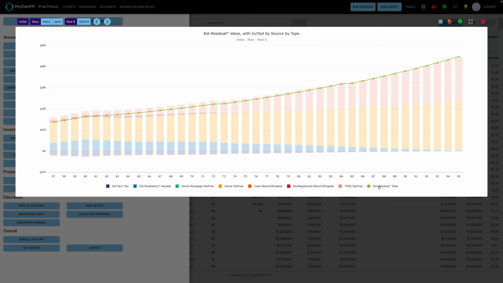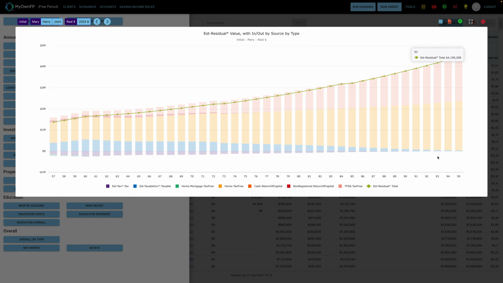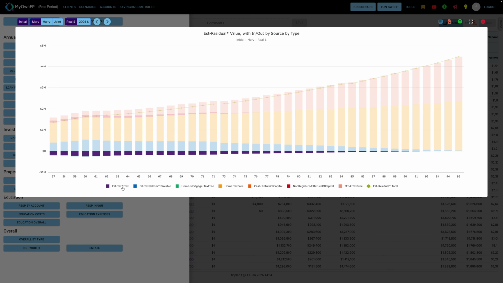Obviously, the most interesting part is what is that line? If you look at that line, it's very close to the top, so we're not paying any tax really at this point in time, or very little. So if we're 90, our taxable thing is 85,000.